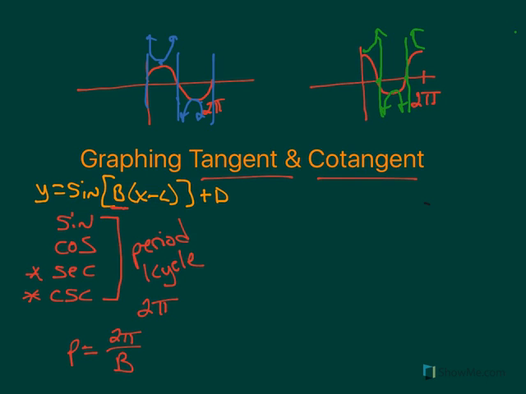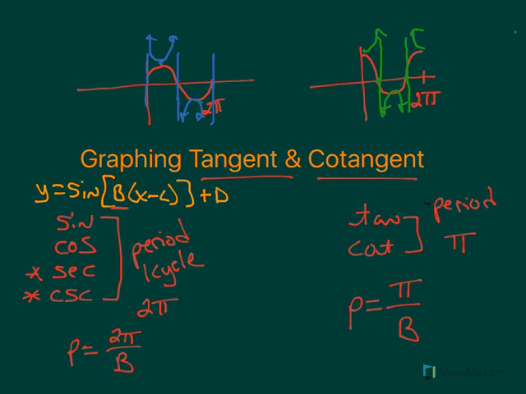One of the big differences for tangent and cotangent is the fundamental cycle length is not 2 pi. We're going to find when we make a couple graphs that the fundamental period for these two, one repetition, is going to be pi. So to find your period for these, it's going to be pi, the original fundamental cycle, divided by b.